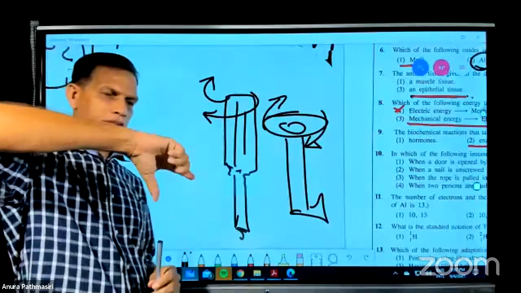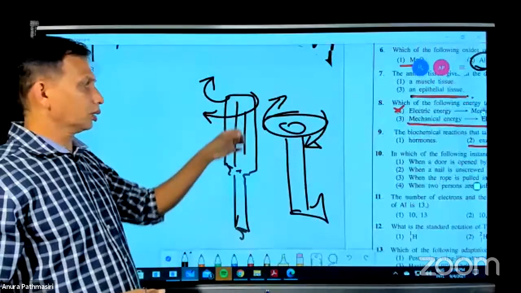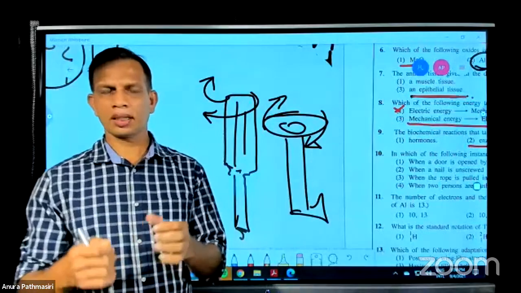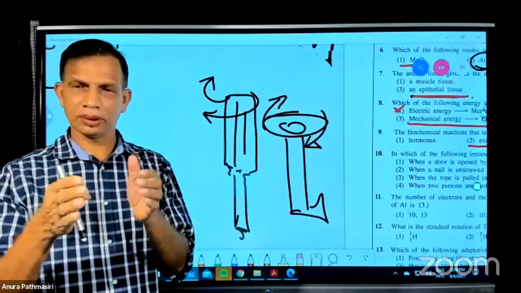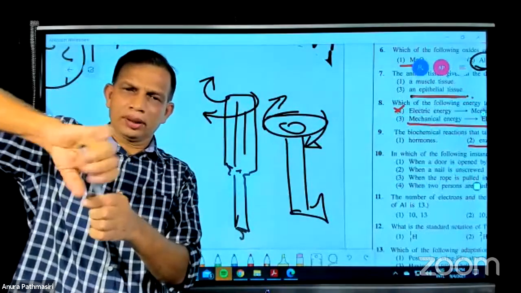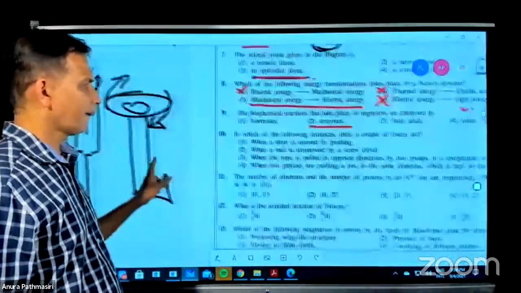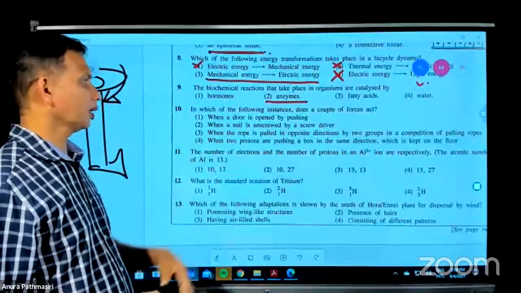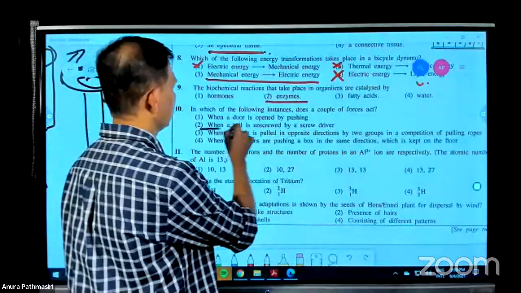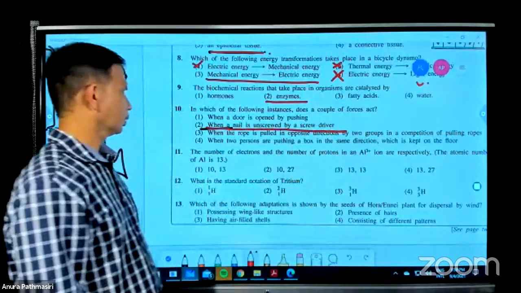So you need to apply such a couple of forces on the screwdriver, even though it is not clearly seen that the two forces are applied. Actually, two forces are applied when you are rotating like this. So the correct answer is a couple of forces, as you suggested, the second one: when a nail is unscrewed by a screwdriver.